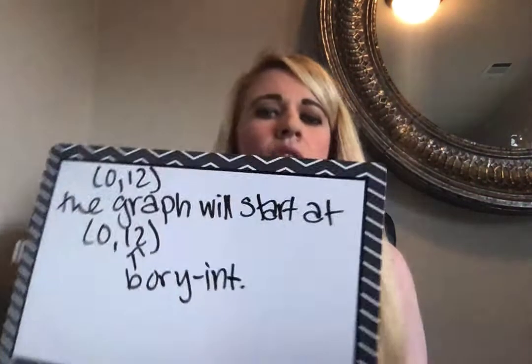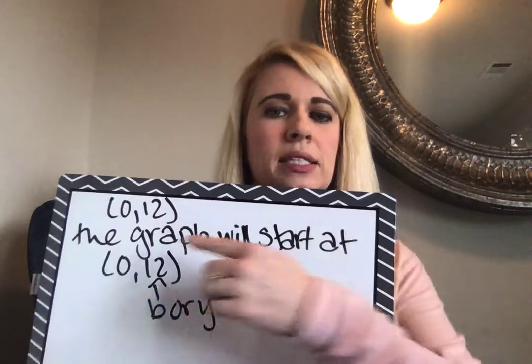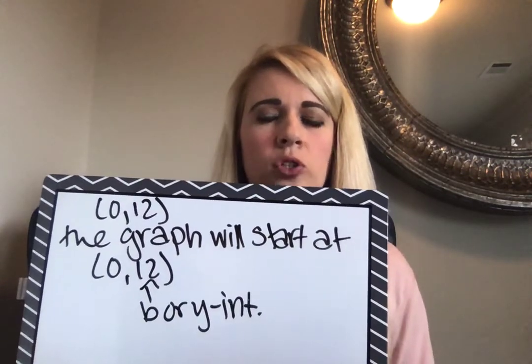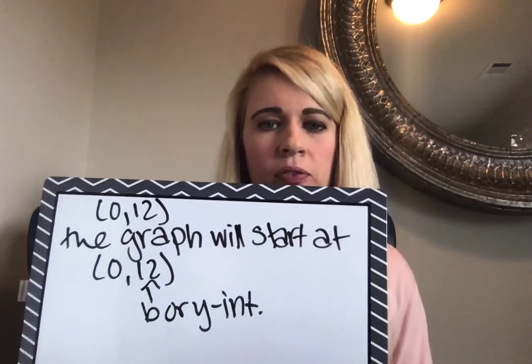So you need to write the graph will start at the point 0, 12, because your 12 is your b or y-intercept, and when you have a y-intercept, your x is always 0. So the graph will start at 0, 12.